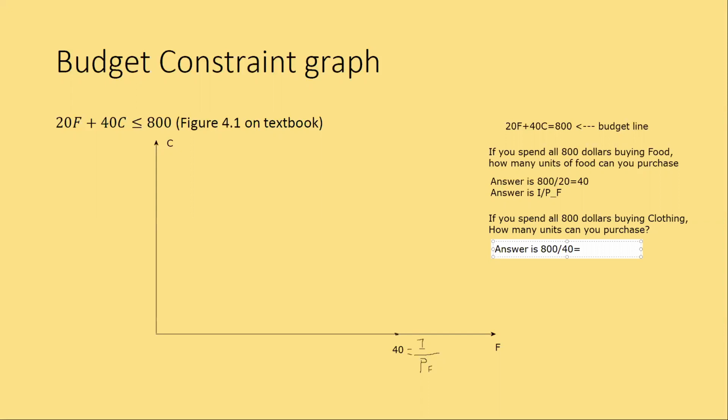So we can purchase up to 20 units of clothing if we spend all of our income buying clothes. Then the answer is your income divided by the price of clothing. So similarly, we need to draw 20 on this graph, which is likely somewhere here. And this equals your income divided by the price of clothing, PC.